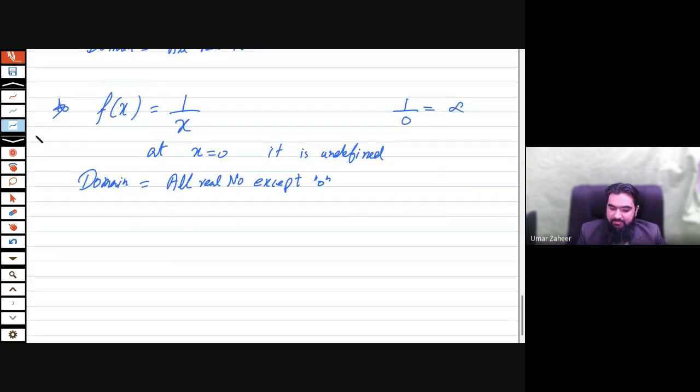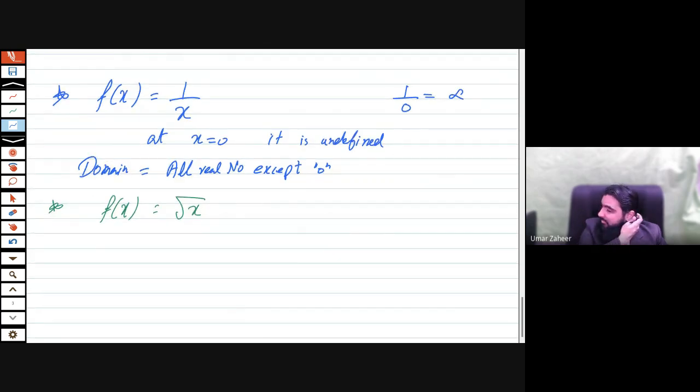In the same way, the previous example that I have to discuss here, you have a function 1 divided by square root of x. So we cannot substitute negative numbers, only positive real numbers, right? Yeah, we cannot substitute negative numbers.